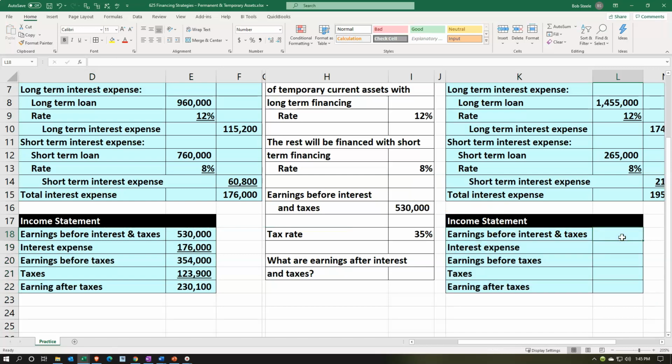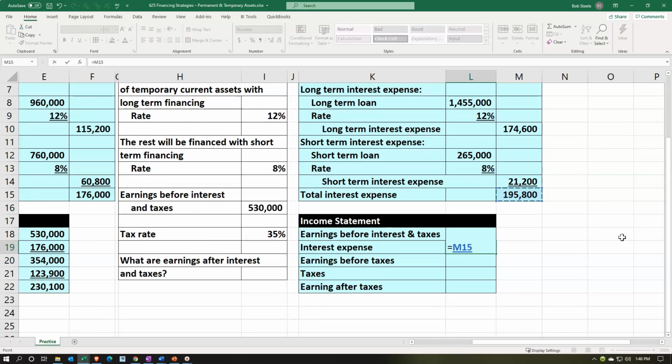And then we're going to be starting with the same number, that being the 530, but now the interest has now changed to be the 195,800, which is more because we used a less aggressive plan, which typically will result in a higher interest rate, but less risk in the future. So then we're going to say this will be the 530 minus the 195,800.